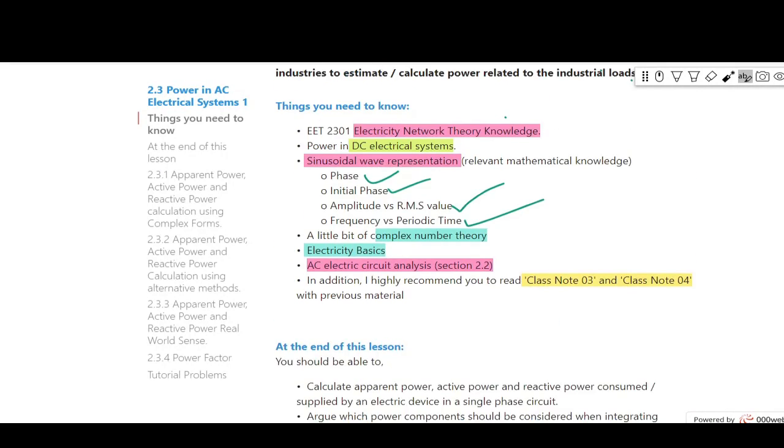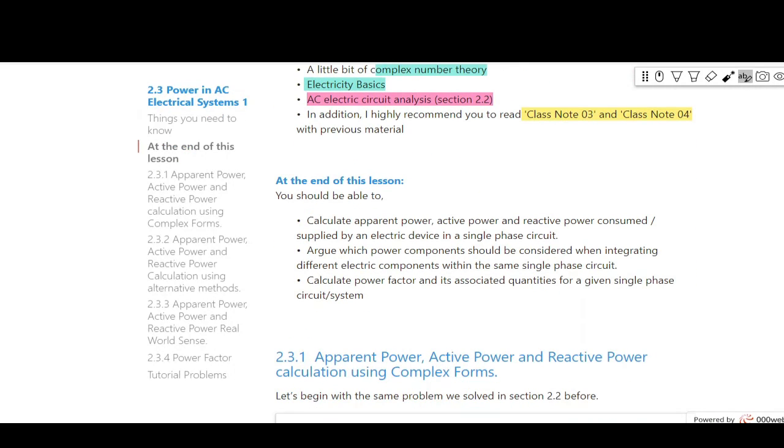And at the end of this section, after going through the problems I have given here, you should be able to understand the theory behind apparent power, active power, and reactive power, which means you should be able to apply that knowledge to calculate the apparent power, active power, and reactive power for a given component.